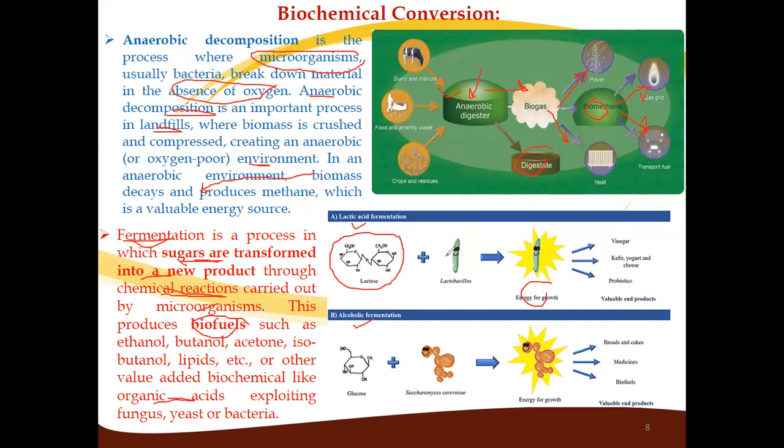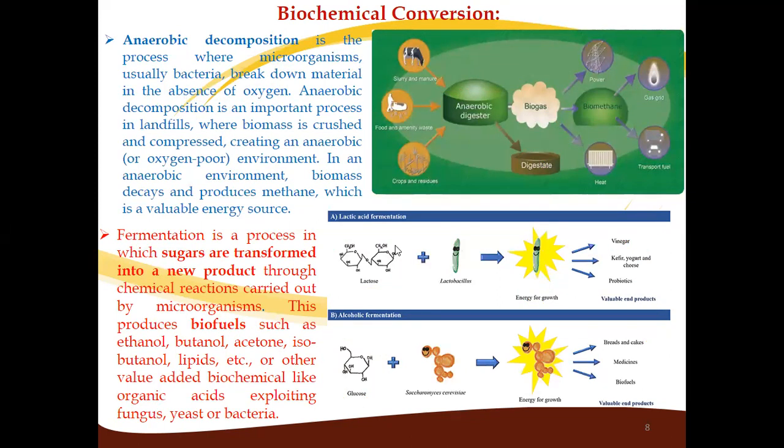And from that, by using the fermentation process, we get vinegar, kefir, yogurt, cheese, probiotics and valuable end products. And by using alcoholic fermentation with glucose, we get breads and cakes, medicines, and biofuels. So this is the fermentation process. So this is the biochemical conversion.